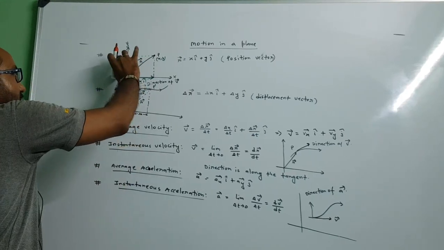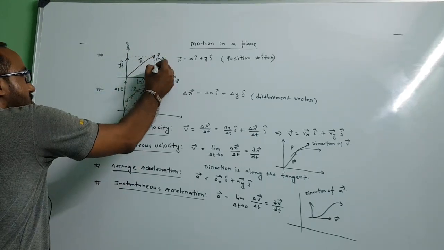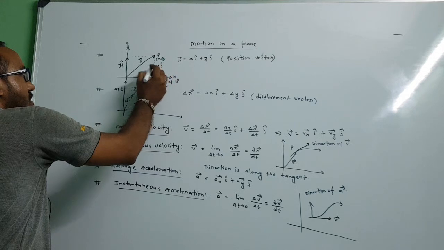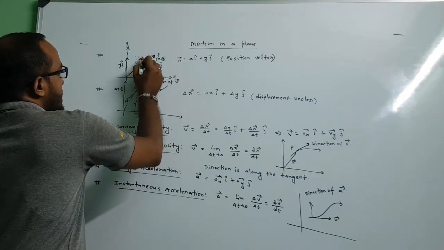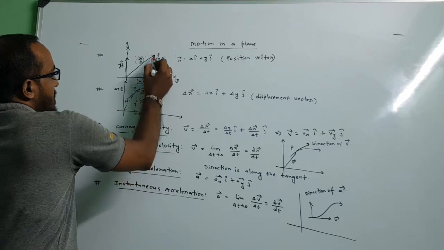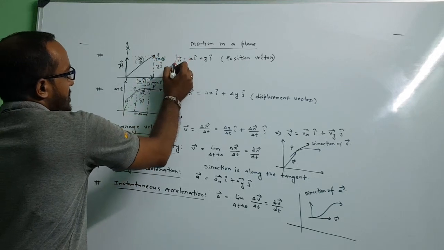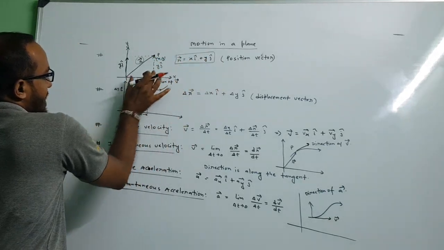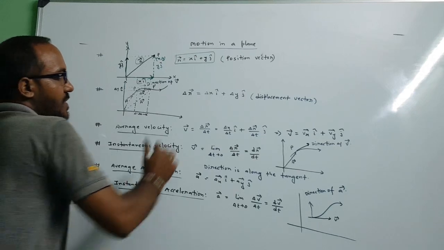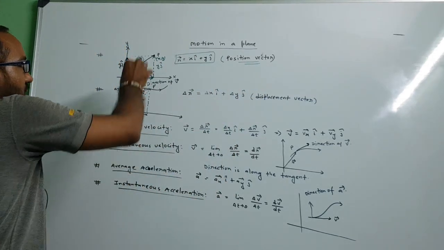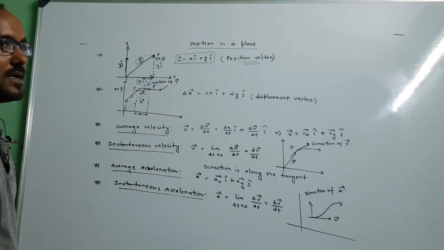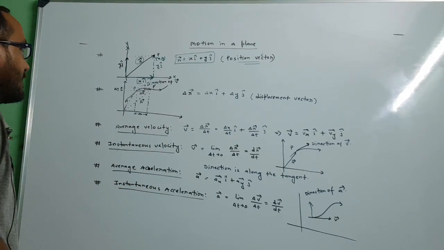This y j cap is parallel to this, so this is also y j cap. From the triangular law of addition, the r vector would be x i cap plus y j cap. This is your position vector, the position of any particle at any moment in the xy plane.